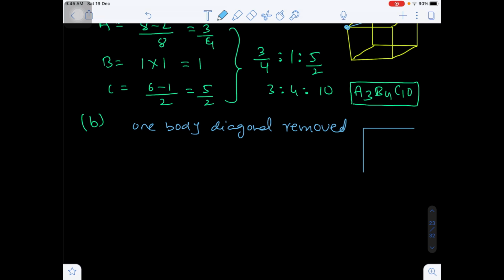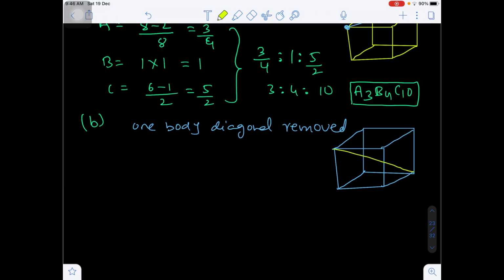It is the diagonal which is connecting the two opposite corners and also passing through the center of the body. So here I am taking any one of the body diagonals. So this is the body diagonal.